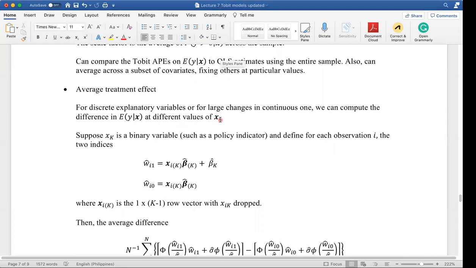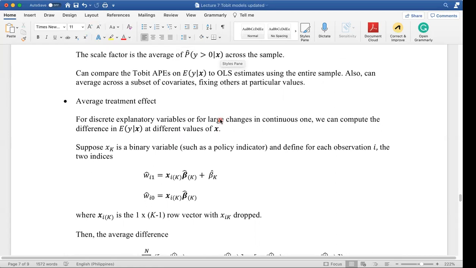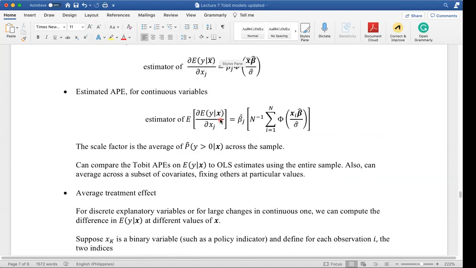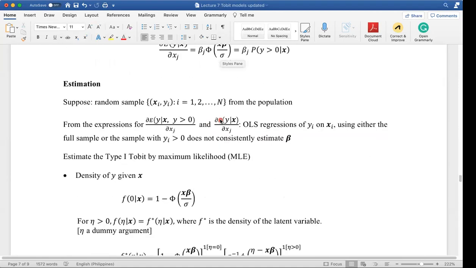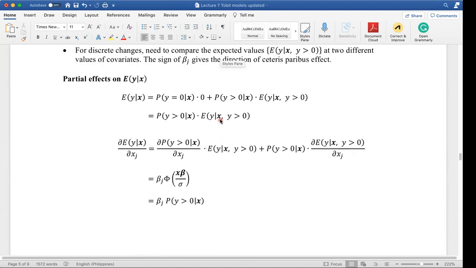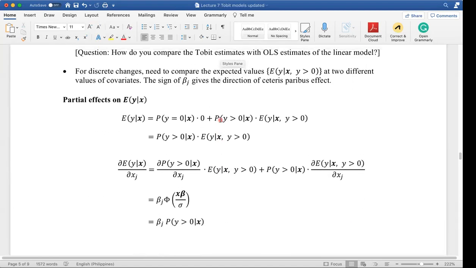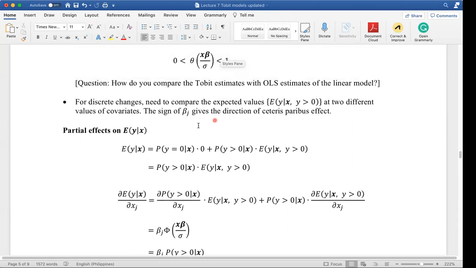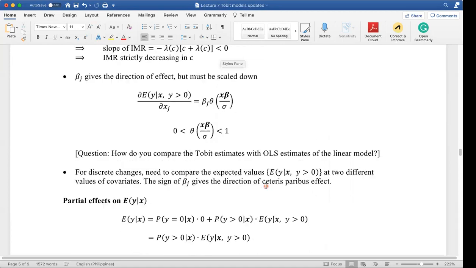So we have here the expected value of y given x.